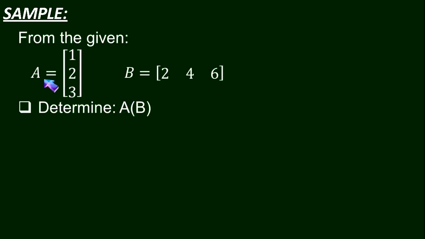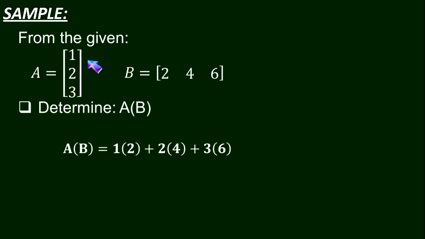So how to multiply matrix A and B? So to multiply A and B, take the summation of the row times the column. So we have 1 times 2 plus 2 times 4 plus 3 times 6.